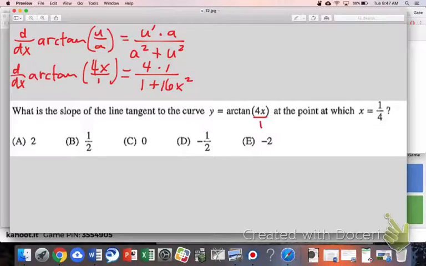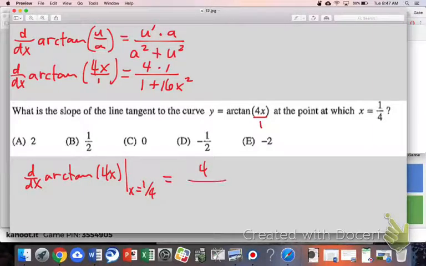So we could then say that d/dx arctan of 4x evaluated at x equals 1/4 would equal 4 over 1 plus, it's 1 plus 1, isn't it? 4 over 2 is 2. Fine. Challenging math, right? Yeah. Okay. Follow-up questions on that one?